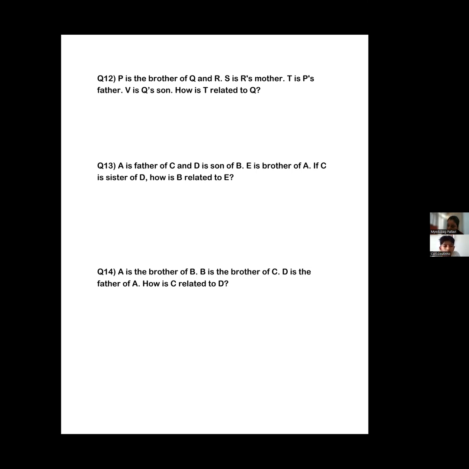T is the father of Q. Yes, that will be correct.